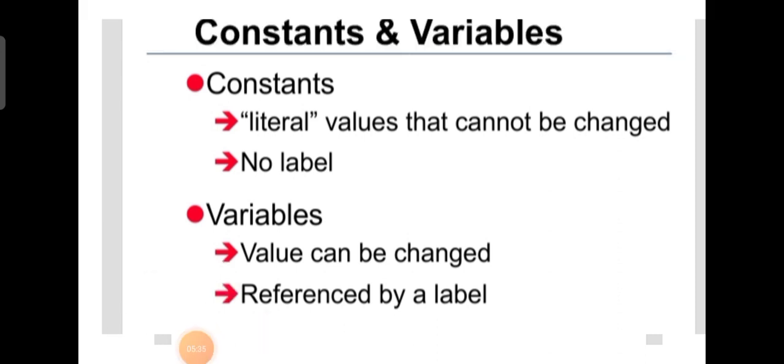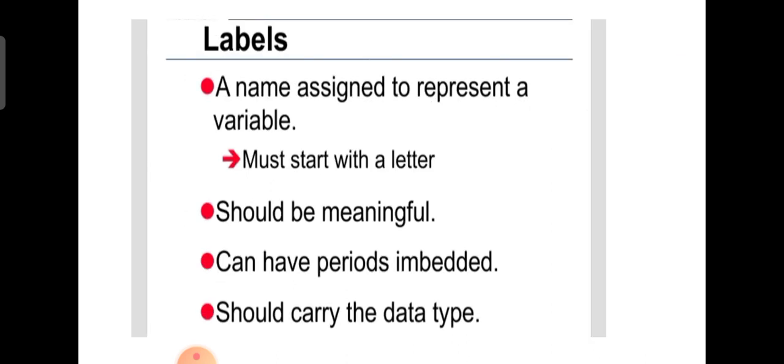Then next come your variables. Variables are those values that can change in a program. Now while mentioning the variables in the program, there are some rules. So what are the rules for naming a variable? Number 1, a name assigned to represent a variable must always start with a letter.